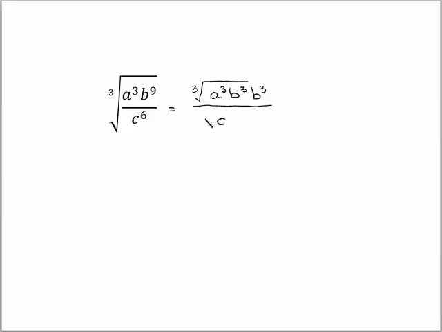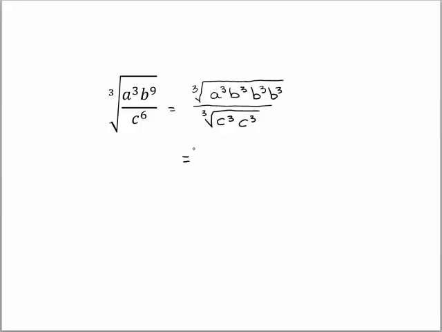Then c, oops, we got to put our radical down there. Third, b to the third, or c to the third, and c to the third. Oh, I'm sorry. Here's b to the third. That gives us 6. We want one more. That's what I was a little confused about. Okay. So we have 3, 6, 9. That makes a lot more sense.